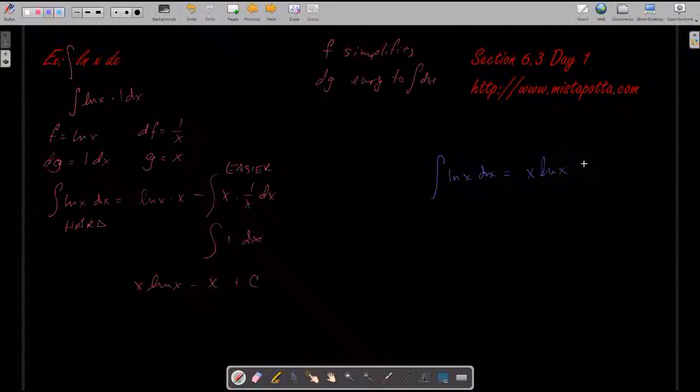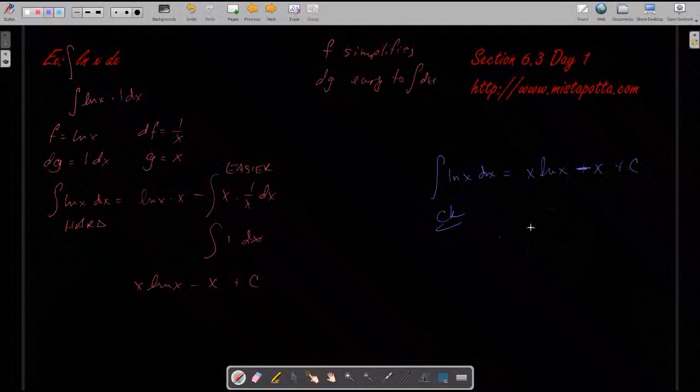plus a constant. And recall that we can always check our answer by taking the derivative of this expression. So if I wanted to take the derivative of x ln x minus x plus a constant, here I'd have to use the product rule.